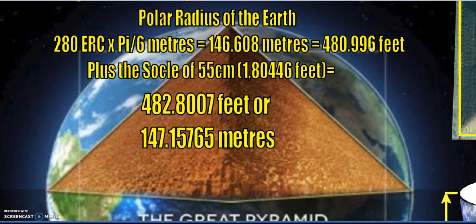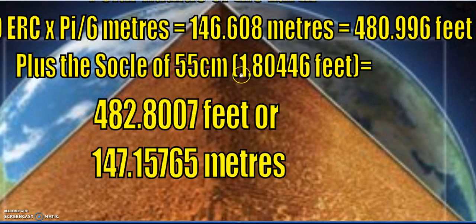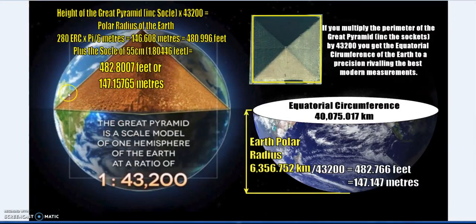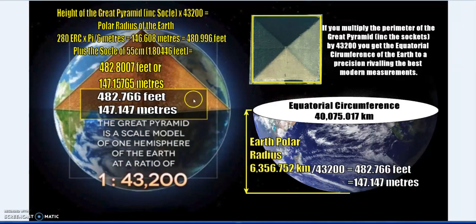This corresponds to Petrie's and others by 0.4 feet. But we need to add the height of the socle, which is the paving stones, 55 centimeters, or 1.80446 feet. Add them together, we get 482.8 feet, or 147.15765 meters. That's the height of the pyramid, including the socle or the paving stones.